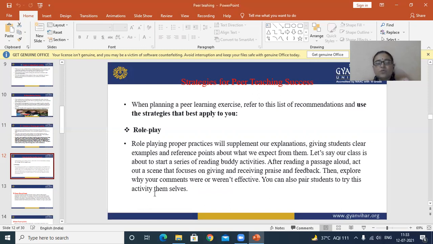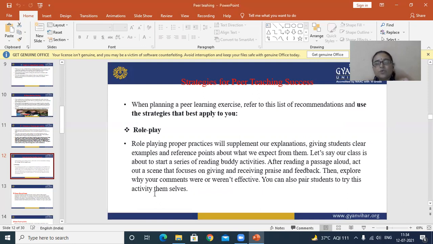Then explore why your comments were not effective. You can also pair students to try this activity themselves.